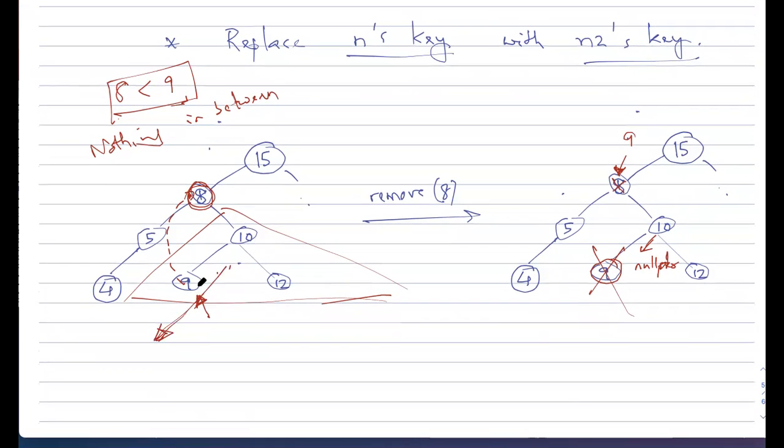So this could have been 7, sorry, let's say this number. My point you're getting, right? So you have something here, and you're deleting this, suppose. So how are you going to transport 10 over there if it already has a left child?